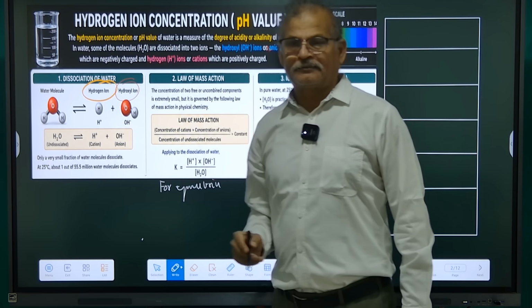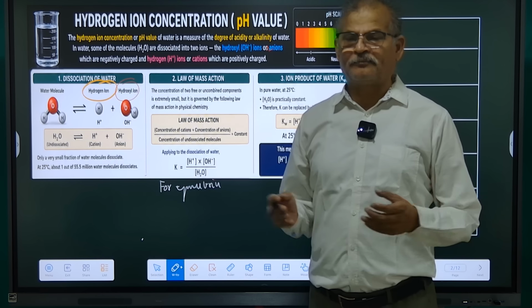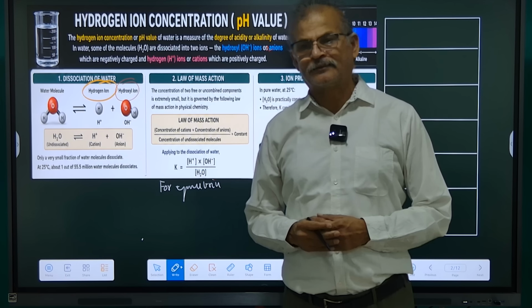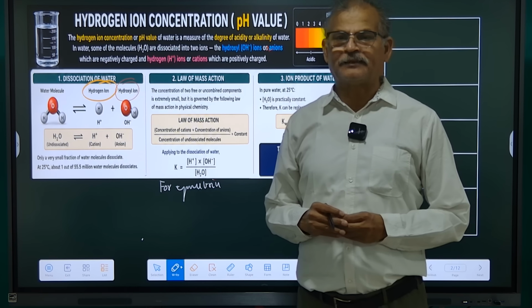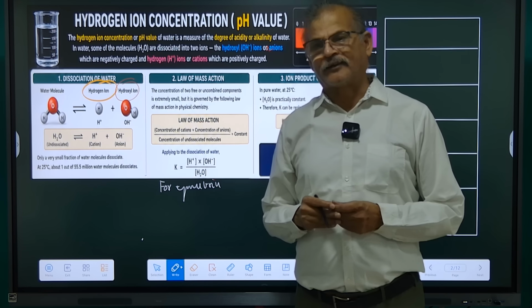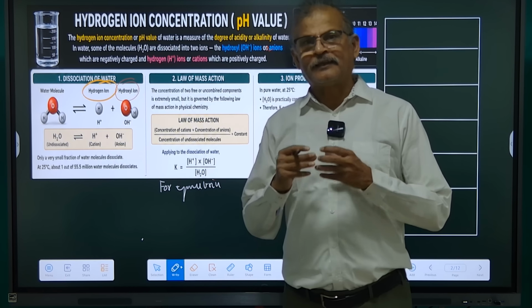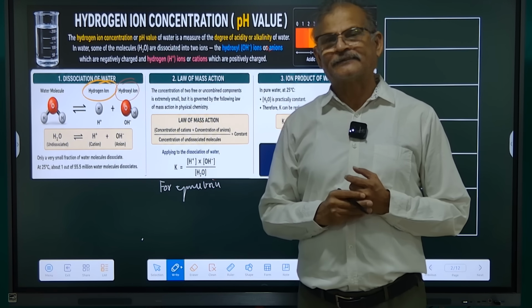Water molecule consists of hydrogen ion and hydroxyl ion. Not all the water molecules get fractioned. In about 550 million water molecules, only a few molecules get dissociated, forming hydrogen ions and hydroxyl ions. The product of hydrogen ion and hydroxyl ion concentrations is known as the ionization constant.